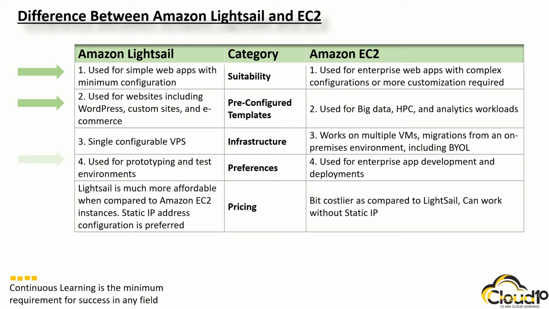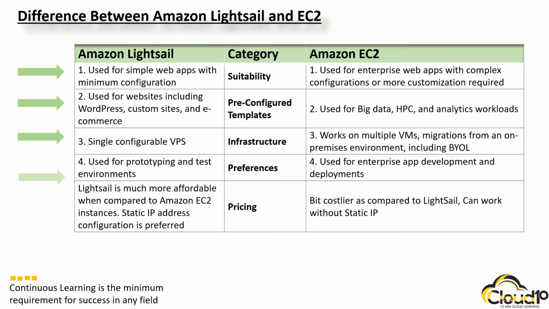Coming to the infrastructure part, LightSail is based on a single configurable VPS, whereas EC2 is based on multiple VMs, migration from an on-premise environment, or it can also include BYOL, that is bring your own license.